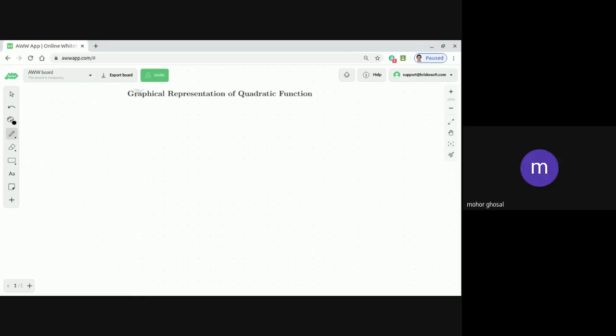Yes. So now, why graphical representation of quadratic function is important to understand. Whenever you see a quadratic expression like ax square plus bx plus c, that becomes a quadratic expression.